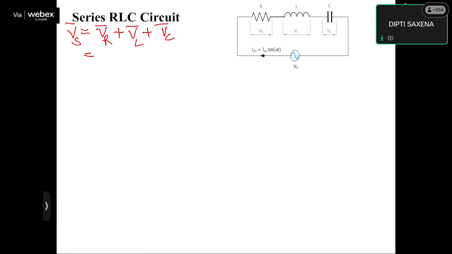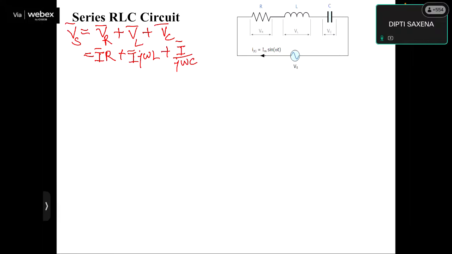We have already studied, it is I into R. What is the voltage across L? The voltage across L is phasor I into j omega L. And in a similar manner, the voltage across C will be equal to phasor I upon j omega C, where j is the operator which rotates any phasor by an angle of 90 degrees.